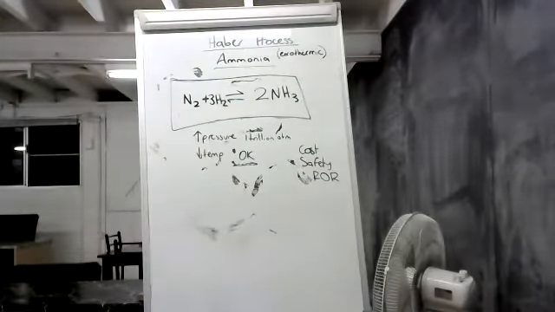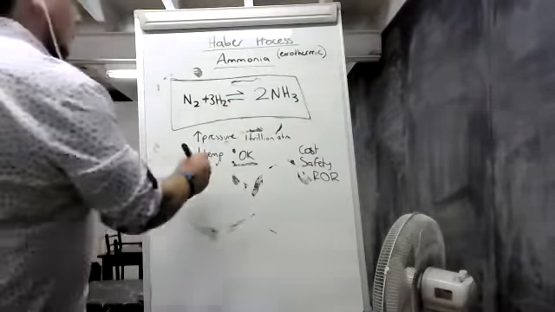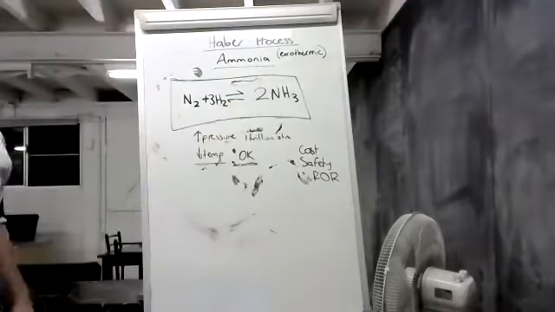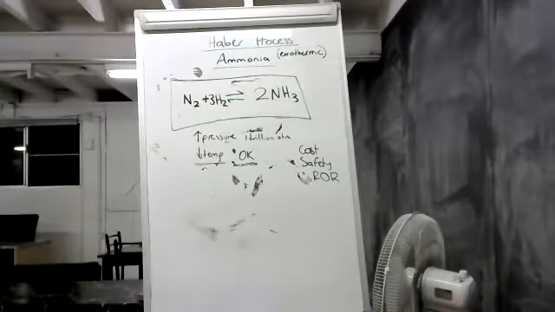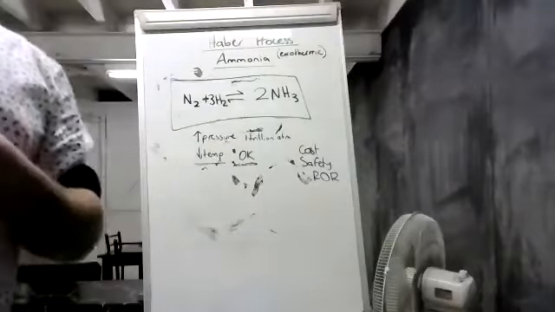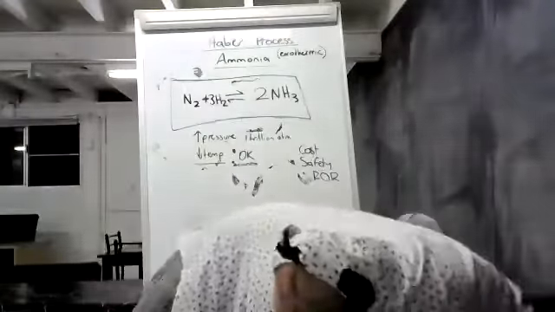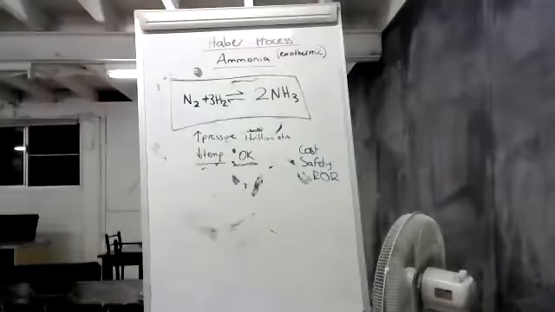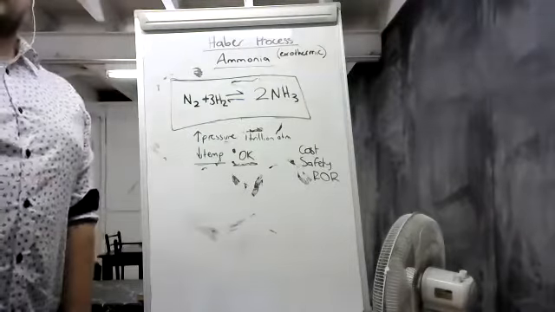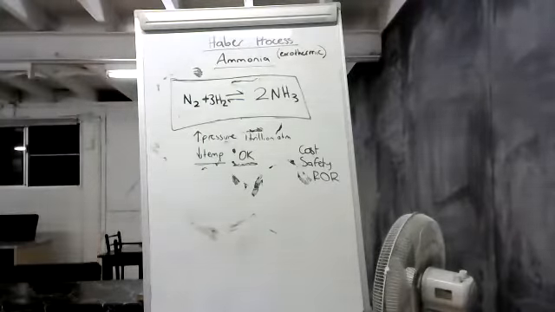If we drop the temperature too low, I mean 0 Kelvin is slightly extreme, but what happens to the rate of reaction as we decrease the temperature? Come on, my grade 10s know this.